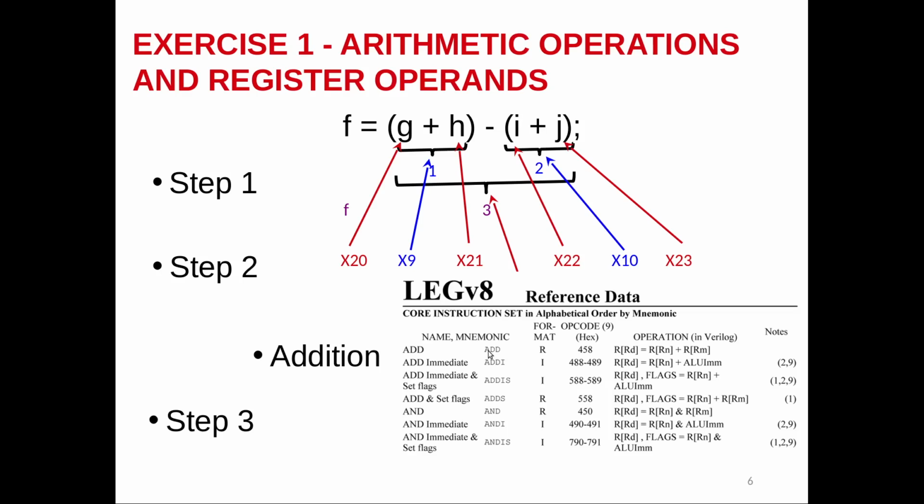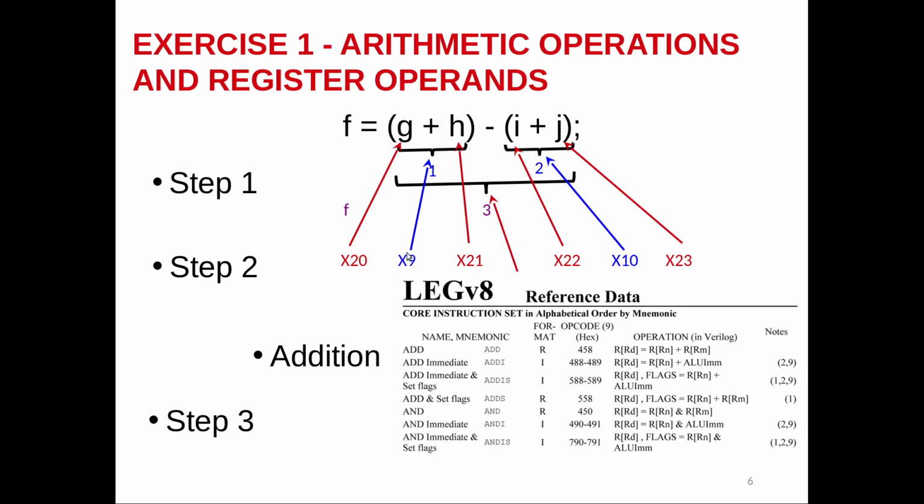And the format of the add instruction is RD and then RN and finally RM, in which RD, the destination register, will equal the value in RN plus the value in RM. So we know that we should write the instruction like add, RD, RN and RM. We look into this.